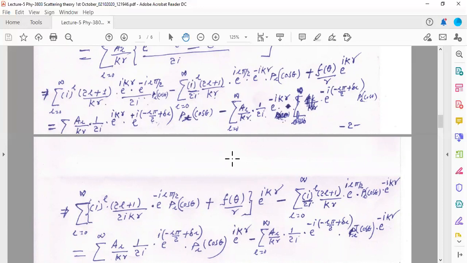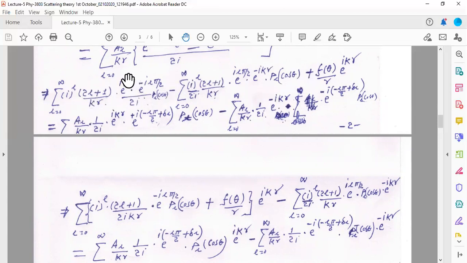First of all, look at the left hand side of this equation and find out the e to the power of ikr term. This is the term which is giving you the coefficient of e to the power of ikr.